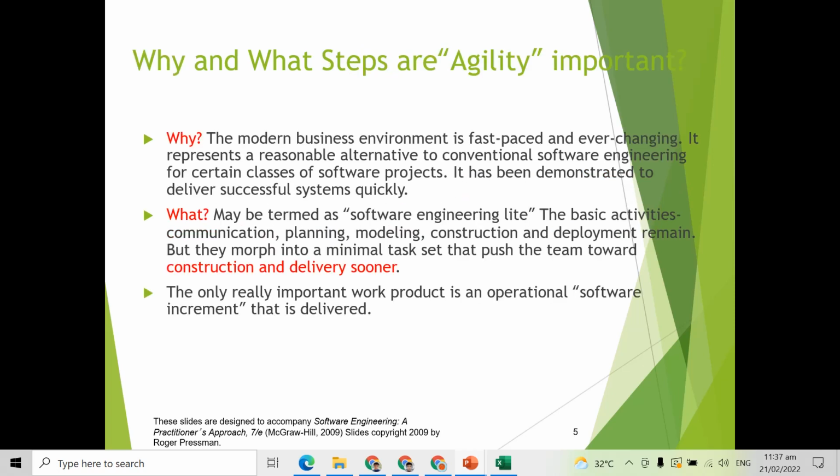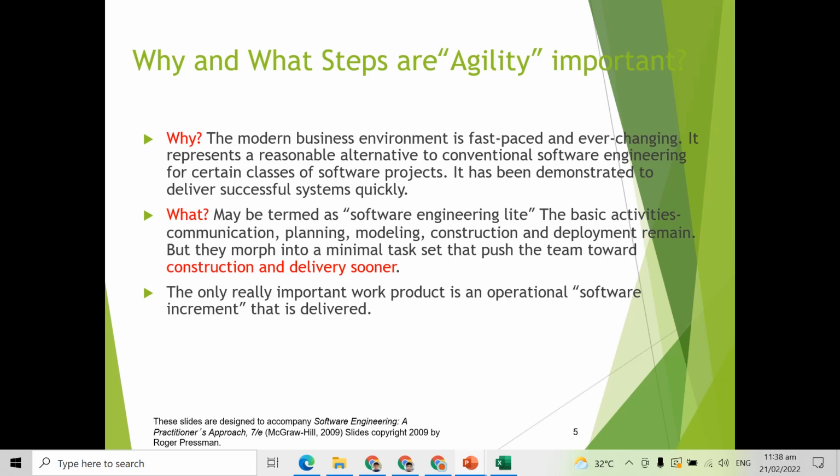So, why and what steps is agility important? So, why? The modern business environment is fast-paced and ever-changing. It represents a reasonable alternative to conventional software engineering. For certain classes of software projects, it has been demonstrated to deliver successful systems quickly.